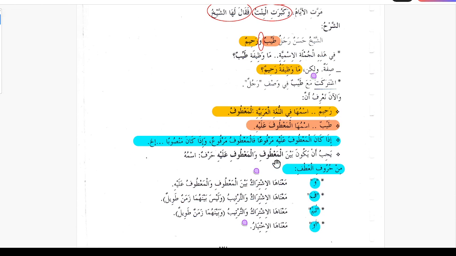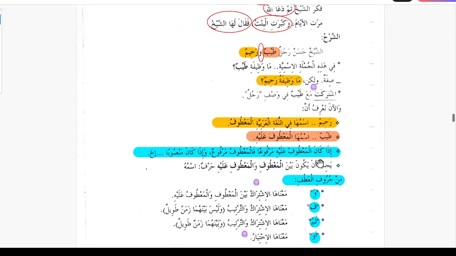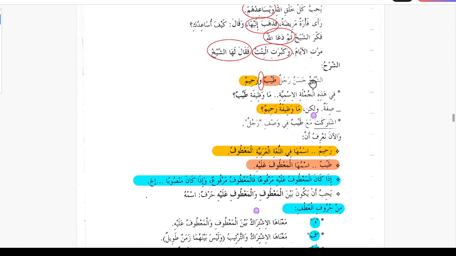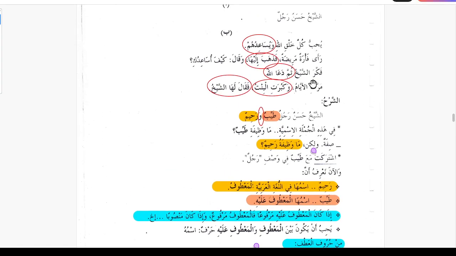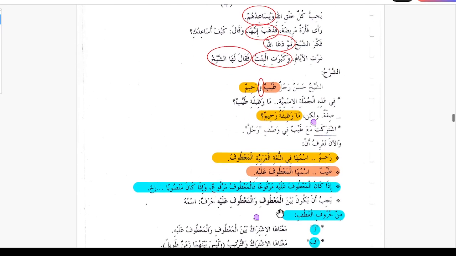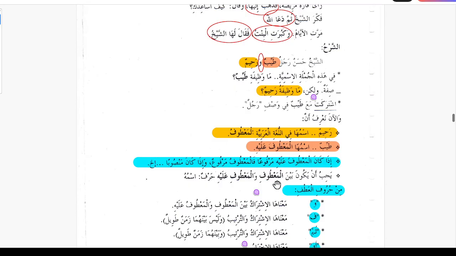Yajibu an yakuna bainal matufi wal matuf alayh harfun. It is a must that there should be a harfu atfin. We call it harfu atfin. Like in this example, this waw: there should be a harfu atfin to make it matuf, and this is called haruful atfi. Yajibu an yakuna bainal matufi wal matuf alayh harfun ismuhu min al harufil ataf.